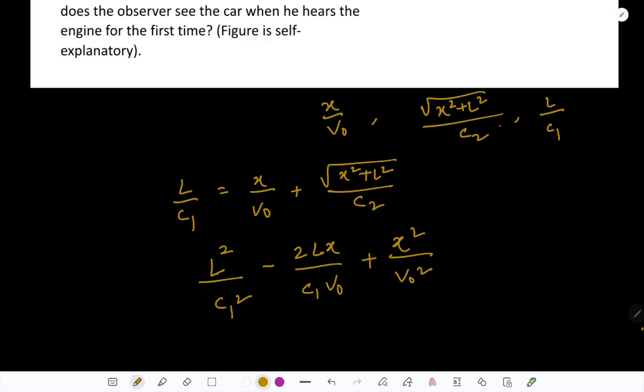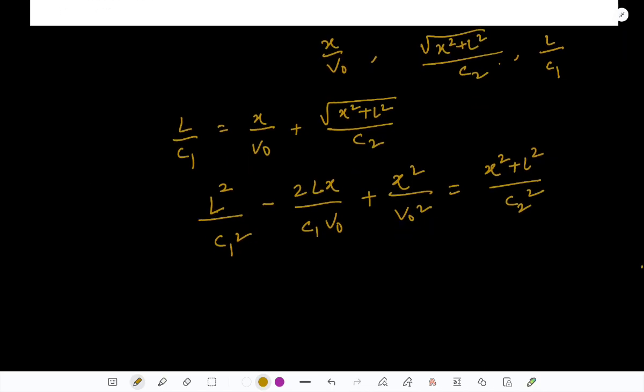Just work out on this, and that will be equal to x square plus L square divided by c2 square. After this transformation, you can solve the quadratic equation for x, and obviously you are going to get two values of x. The first value I got was approximately equal to 17 meter, and x2 approximately equal to 92 meter.